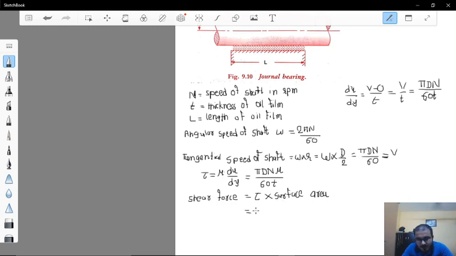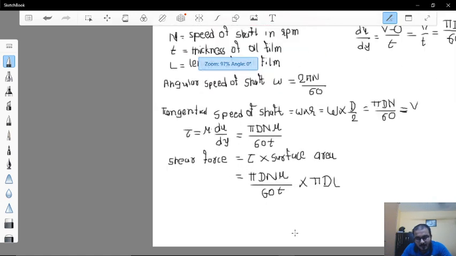So it is equal to pi d N mu upon 60 t multiplied by pi d L. So finally what we get is pi square d square N mu L upon 60 t.